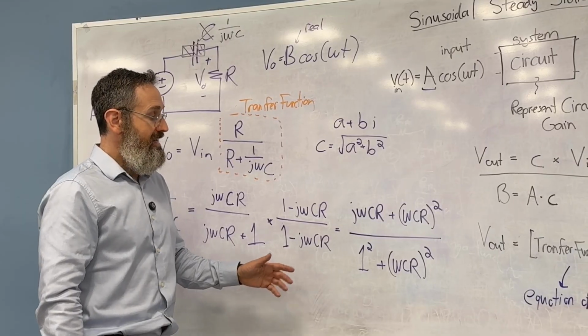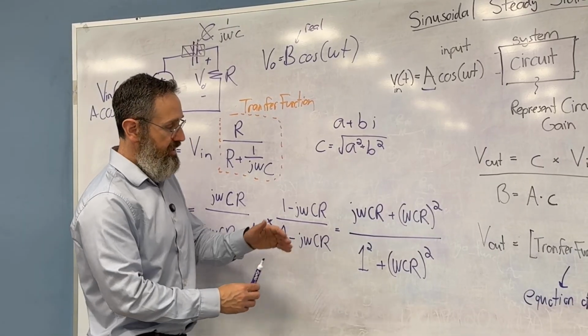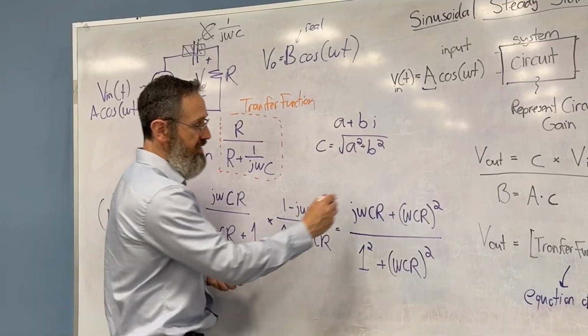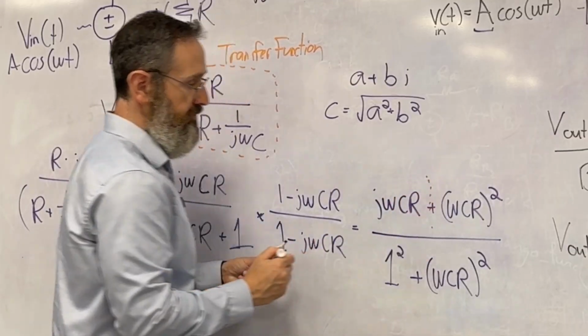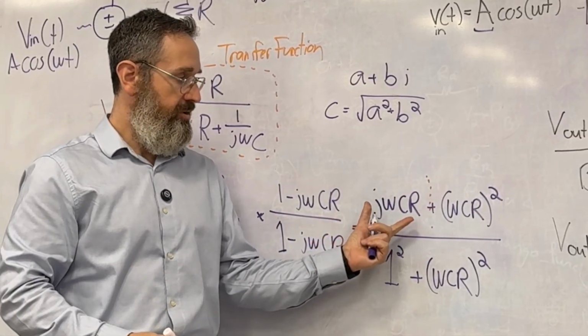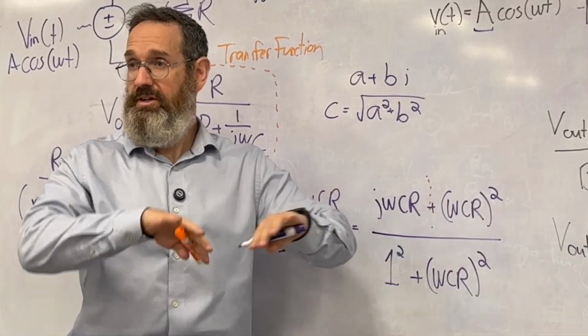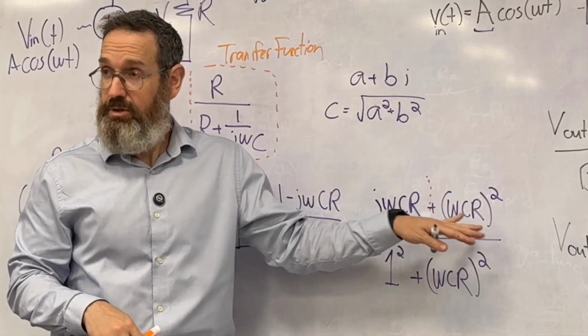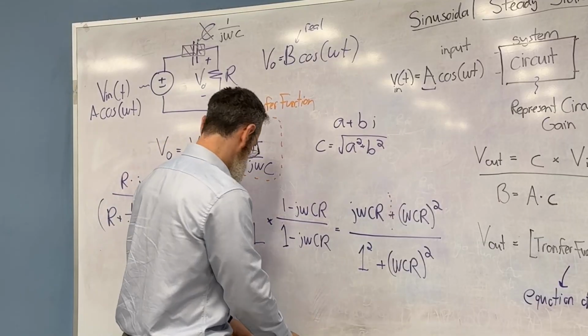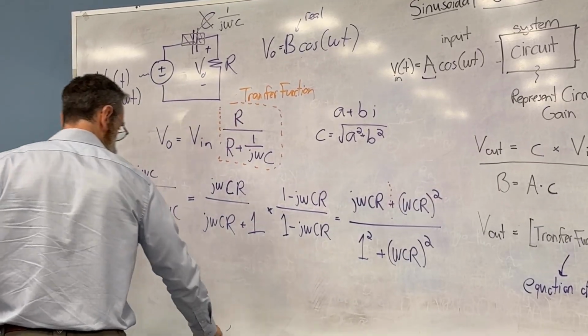And now what would happen is that I have, you can see here, my imaginary component and I have my real component. At this point I have A plus BJ. Let's write it out.